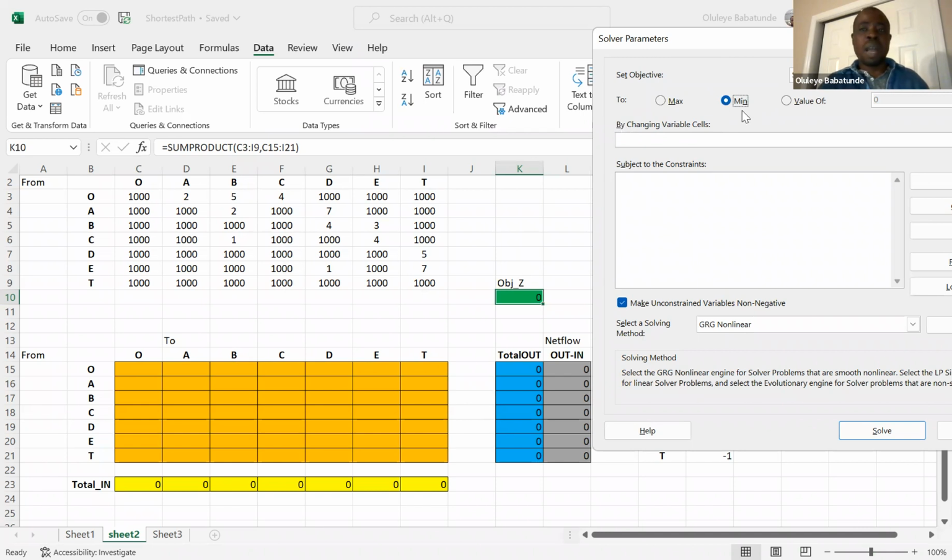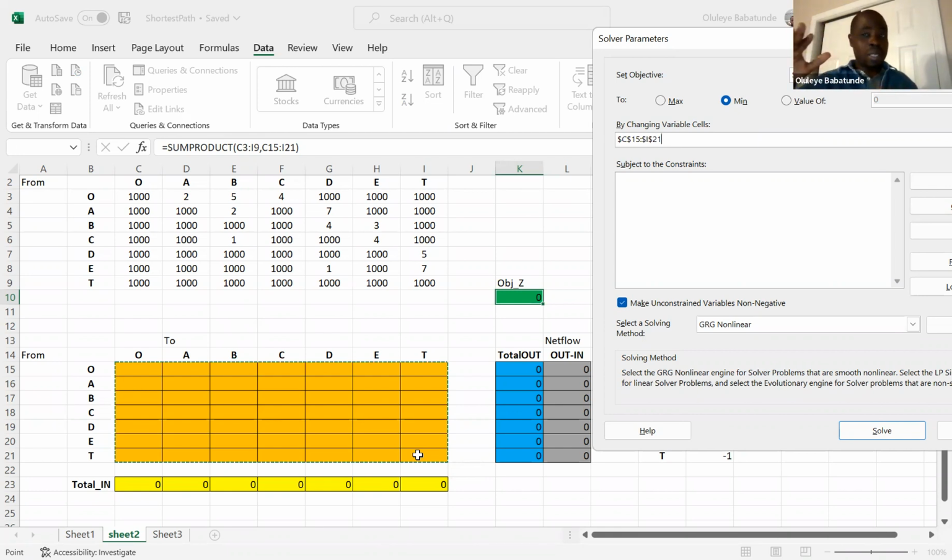You will also see once you have done that, immediately below that, you will see by changing variable cells, okay? What you will do is you will click inside that cell and grab all your orange cells. So that is your decision variables.